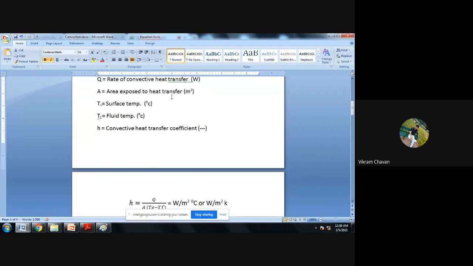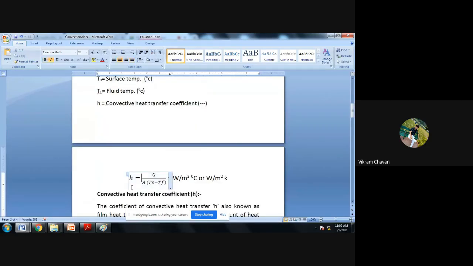So we'll get the equation h is equal to Q divided by A multiplied by (Ts minus Tf).